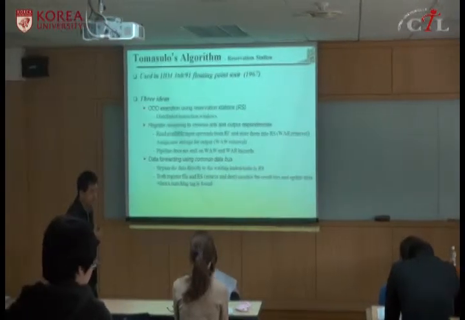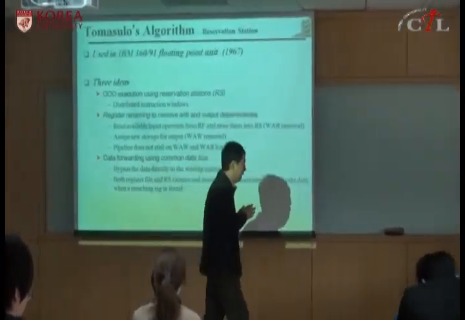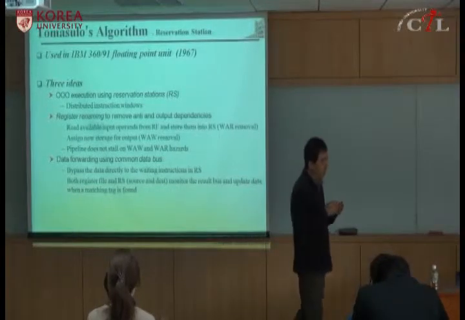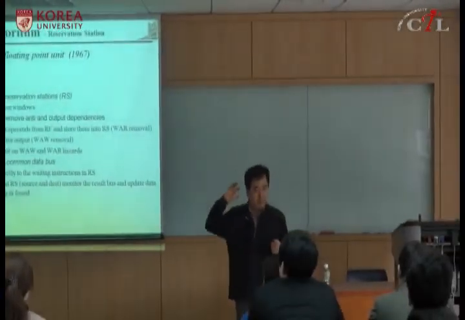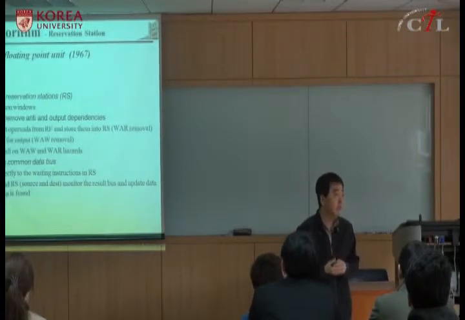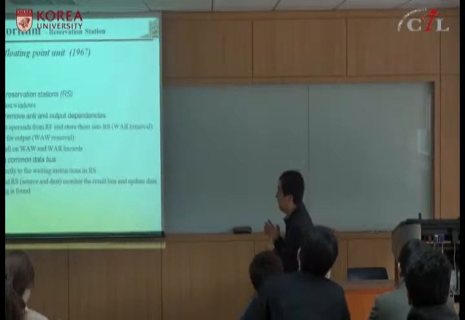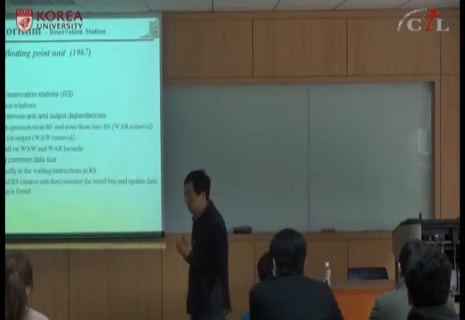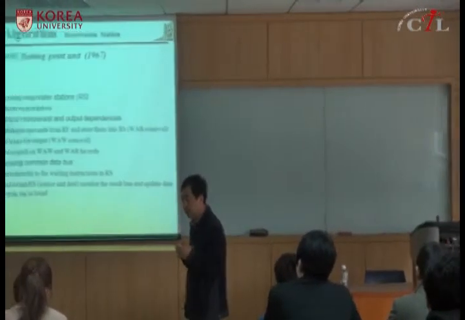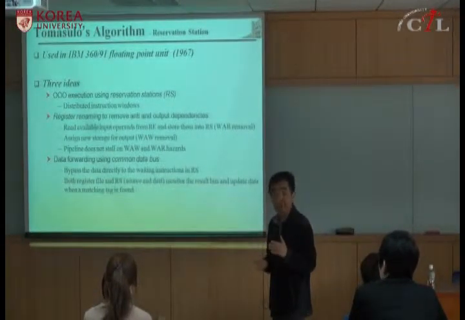reservation station. As I said, in out-of-order pipeline, the instruction behind sometimes bypasses instruction ahead of it, right? To avoid pipeline stall. So the instructions waiting for source have to wait in the instruction window.